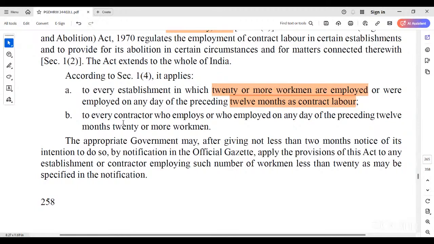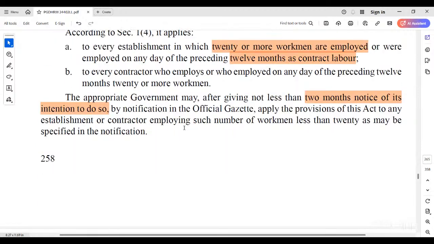The appropriate governments, as I told you earlier, the state governments or central government, may, after giving not less than 2 months of notice of its intention to do so, by notification in the official gazette, apply the provisions of this act to any establishment or contract employing such number of workmen less than 20 as may be specified in the notification. So without notice, the establishment can't remove these contract laborers.